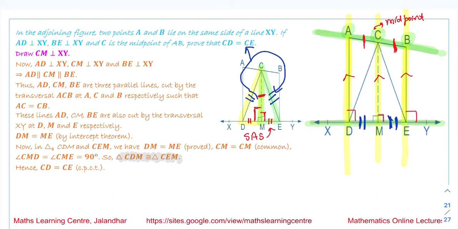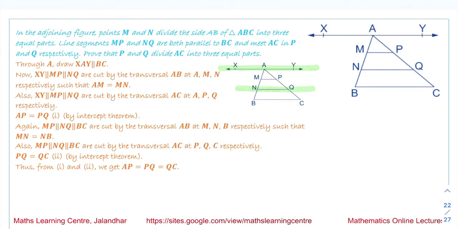Next, it is given that the points M and N divide the side AB of a triangle ABC. A triangle ABC is given to us. This is the triangle ABC, and these are the points M and N. This divides the side AB in three equal parts.